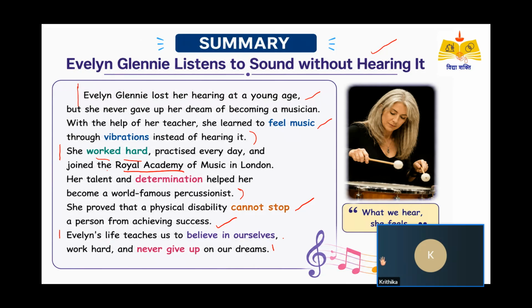Evelyn's life teaches us to believe in ourselves, work hard, and never give up on our dreams. So about her childhood, about how she practiced, who helped her to learn music, then what did she prove, and at the end, conclusion. So a topic statement, supporting lines, and a strong conclusion is something that all paragraphs should have.